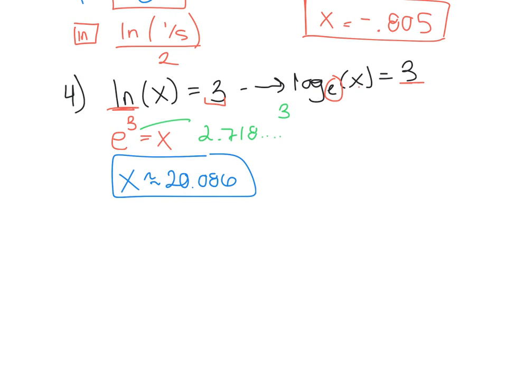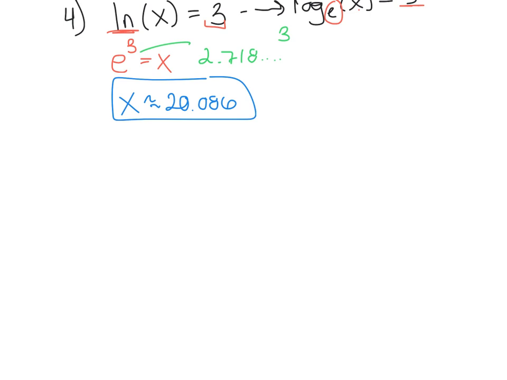All right, one last problem and then we'll call it a day. I didn't want this video to be too long. All right, so I'm going to use one more problem. So I'm going to do 1/3 times the natural log of 3x plus 2 equals 2. So I'm solving for x.